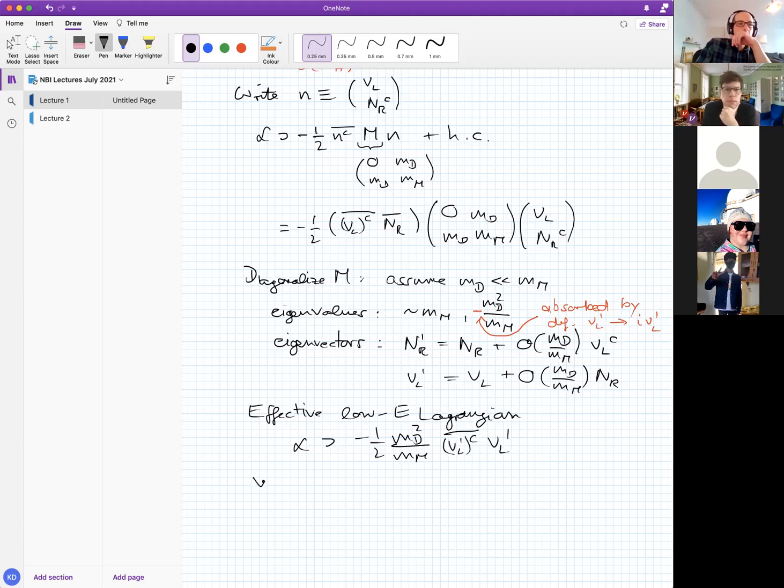And then plugging in numbers with MD about 100 GeV and MM about 10 to the 14 GeV.